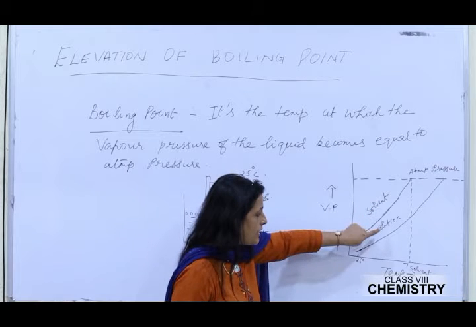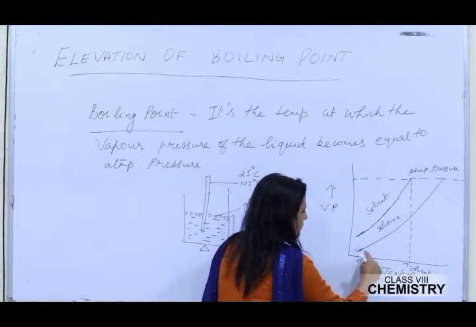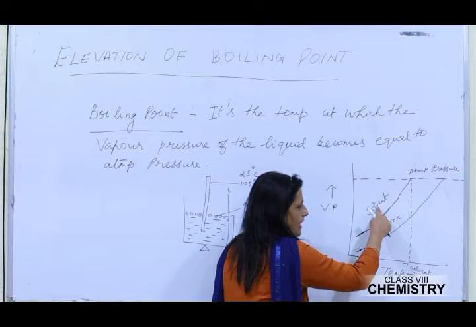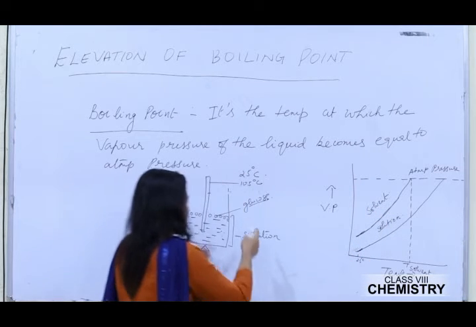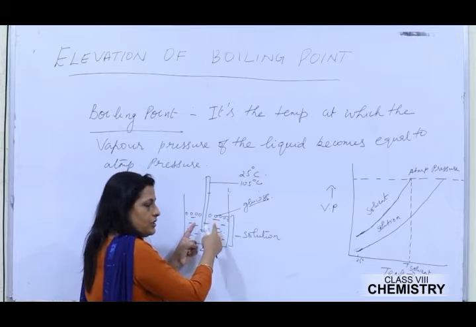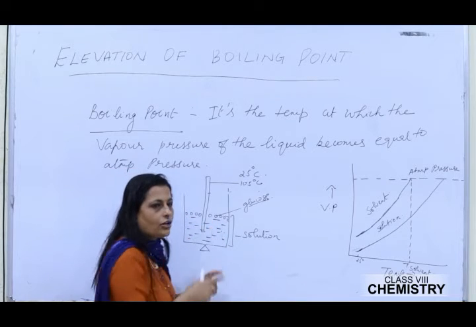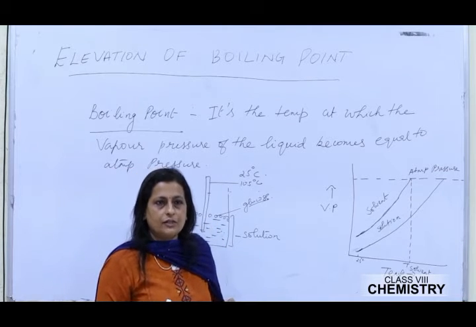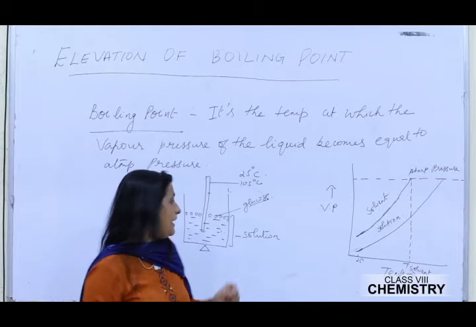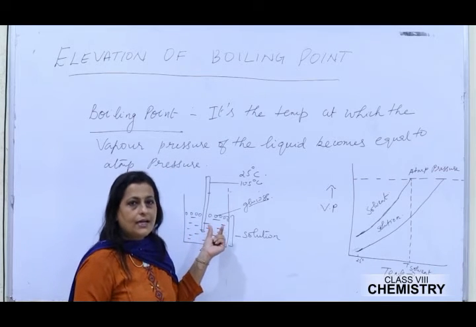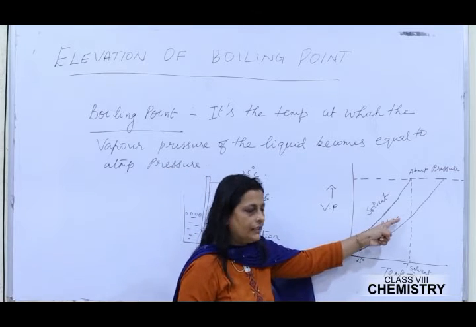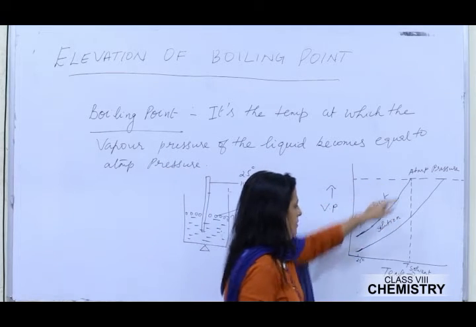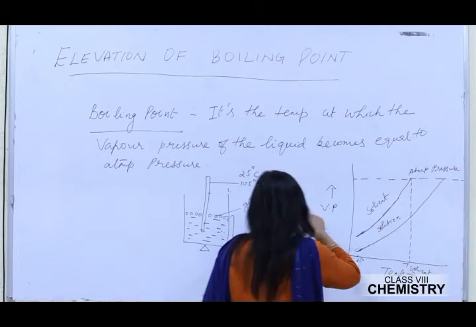For the same temperature, the vapor pressure of the solution is less than the vapor pressure of the solvent. What is the reason for that? Because when you are adding a non-volatile solute, the surface is also occupied by what? Non-volatile solute. So what happens to the escaping tendency of the solvent molecules? It decreases. So what happens to the vapor pressure? It also decreases.